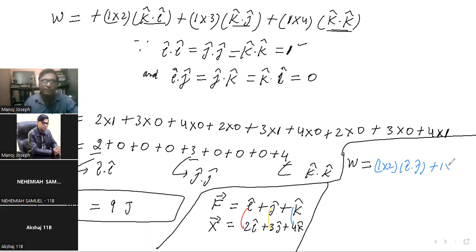So it will be 1 into 3 into j dot j cap, plus scalar of k is 1 in force and in the displacement is 4. So it will be 1 into 4 and k dot k.